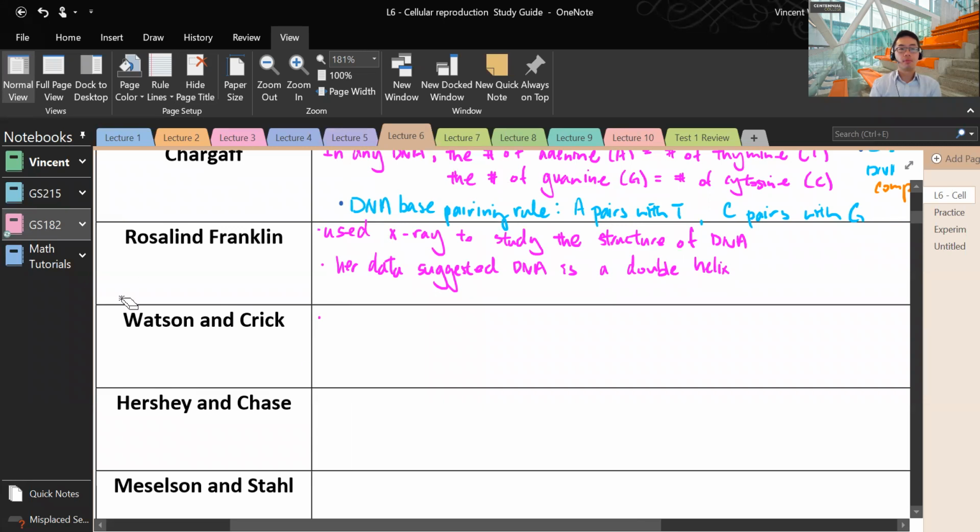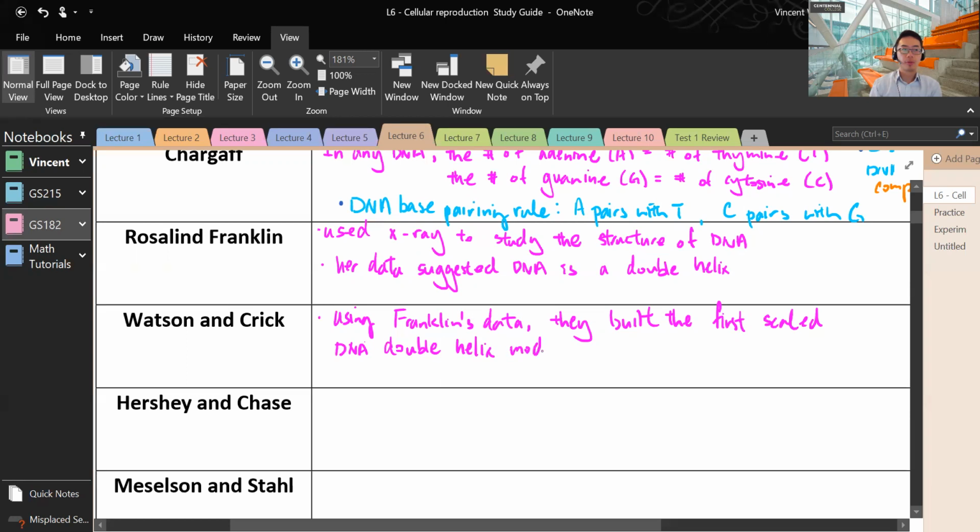And so comes Watson and Crick. Okay, using Franklin's data, they built the first scaled DNA double helix model.